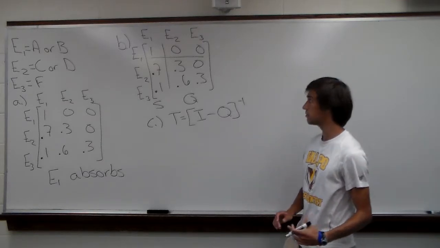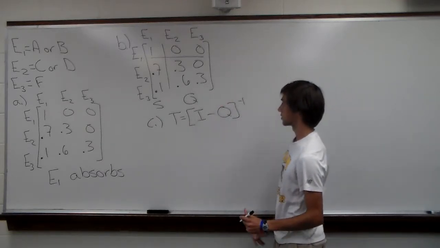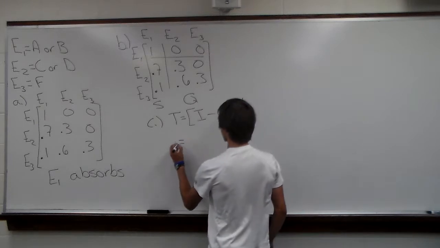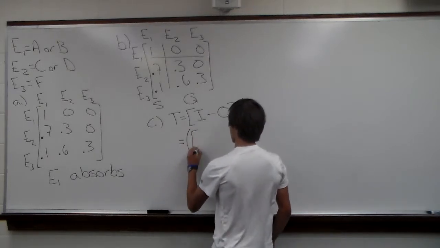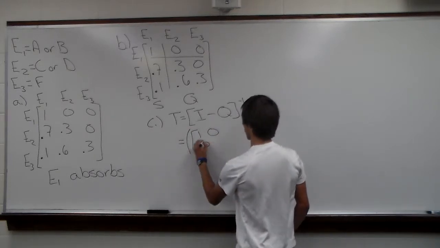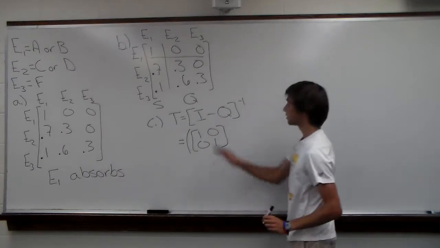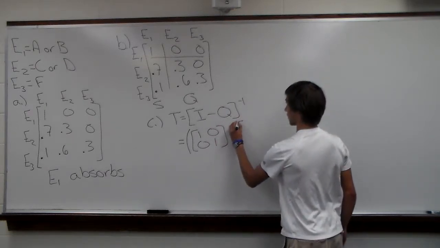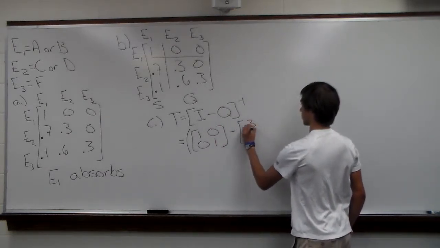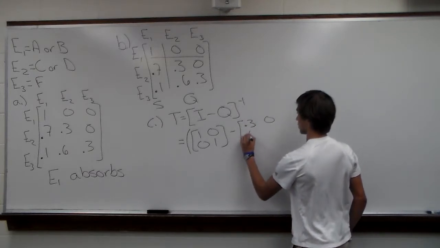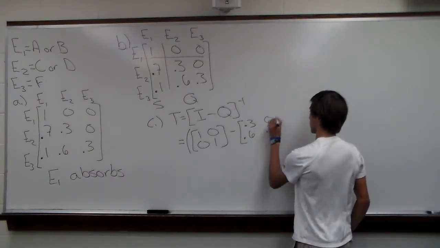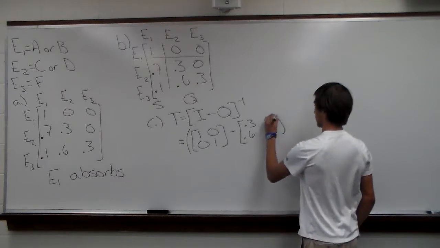I is our identity matrix, and Q is this matrix here. So we take 1, 0, 0, 1, because we have a 2 by 2 matrix, and subtract Q from it.